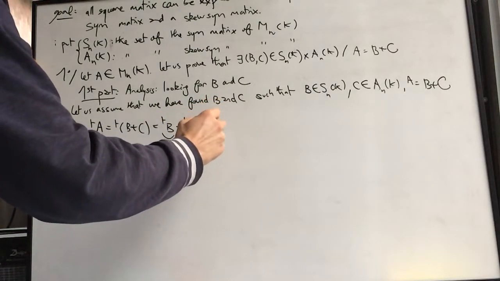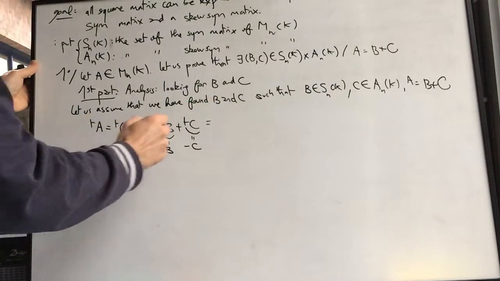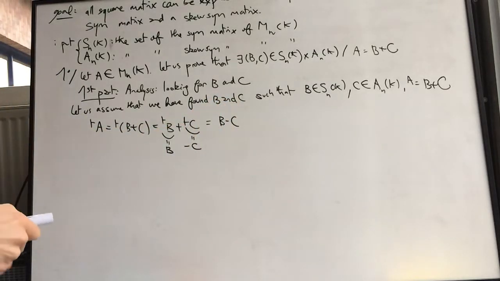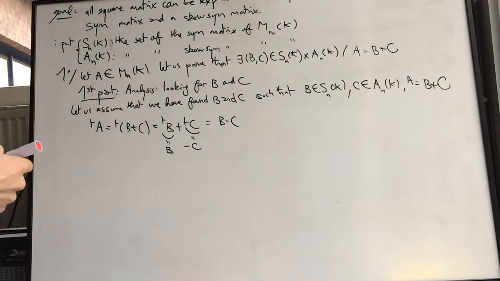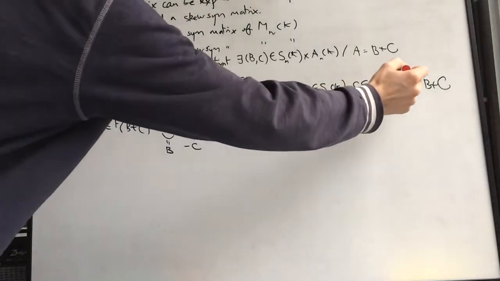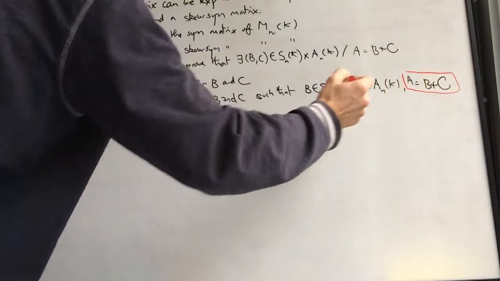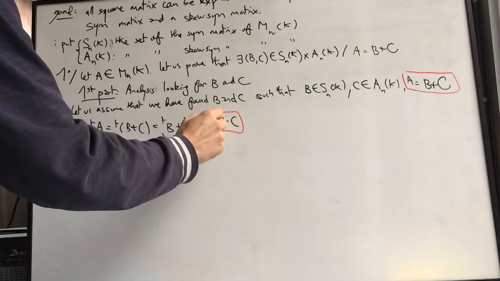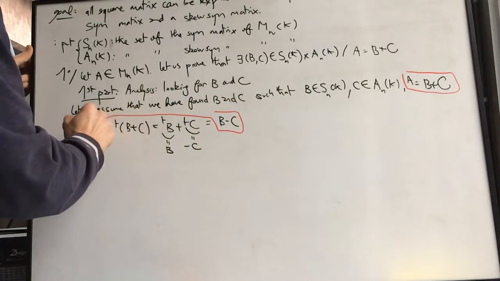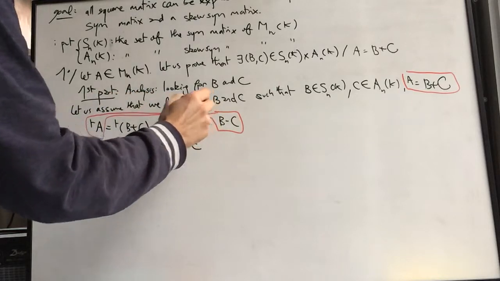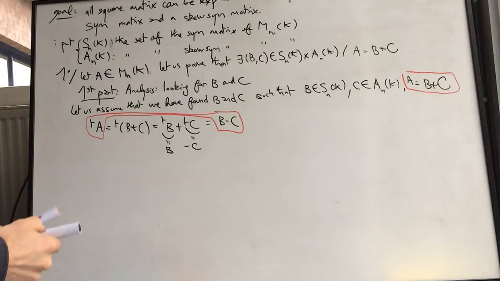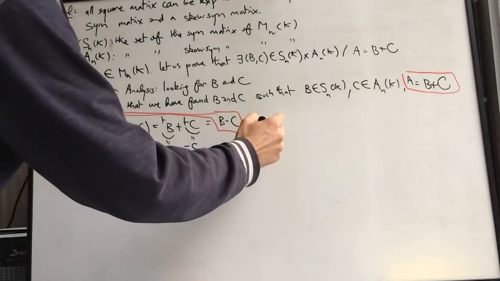So we get transpose of A is equal to B minus C. So now we've got two equations, this one and this one. And we have got to solve this system of two equations.